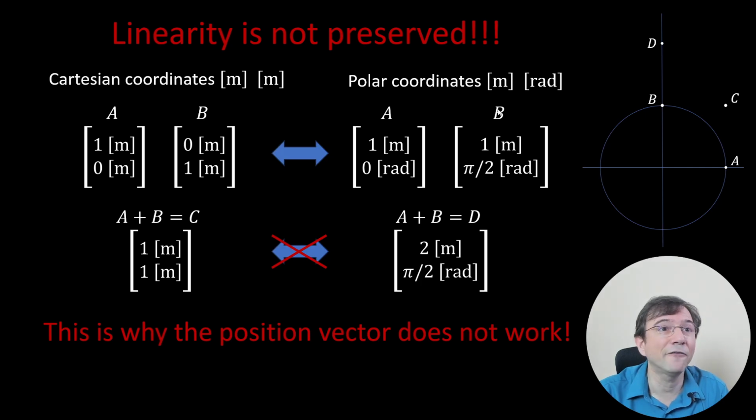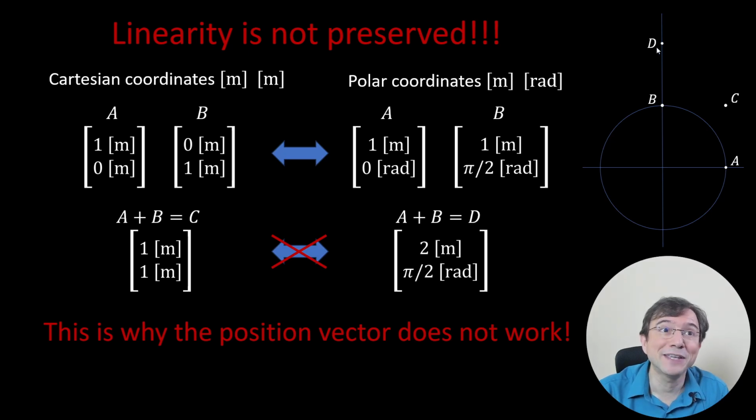So if we have A, which is 1 meter and 0 meters, and B, which is 0 meters and 1 meter in a Cartesian coordinate, we sum them, we get 1 meter and 1 meter, we get the point C. But if we are in polar coordinates, A is 1 meter and 0 radians, B is 1 meter and pi half radians, and if we sum these two things line by line, we get 2 meters and pi half radians.